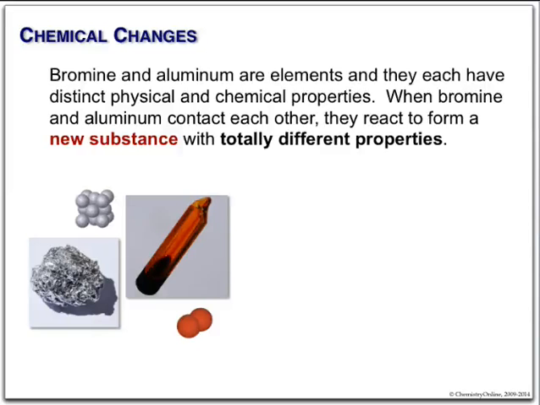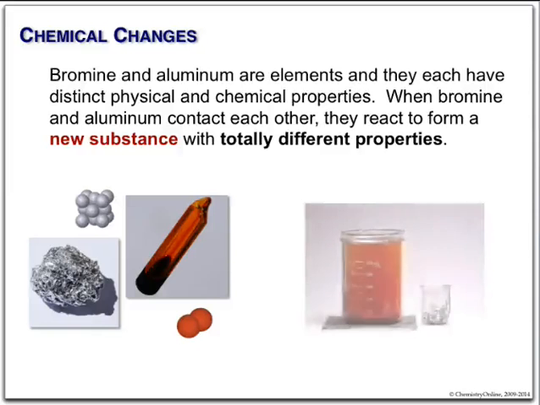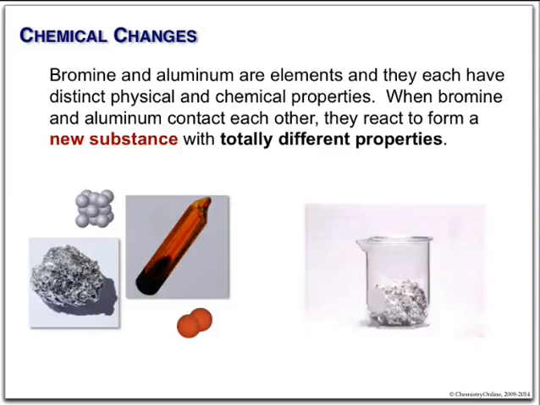What I'm going to do is take this beaker. This has some bromine in the bottom. You'll see it's full of bromine vapor, and this is a little pile of aluminum shavings. Very carefully pick up the aluminum.